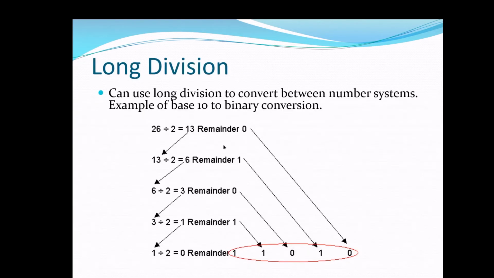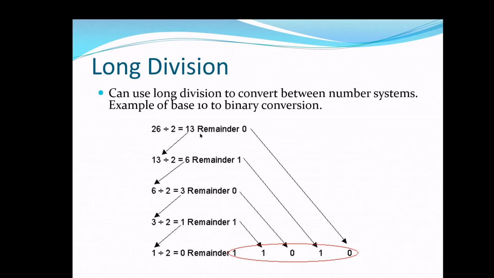Now, one of the things we may want to do is, okay, that shows you how to go from base 2 to base 10, or base 8 to base 10, or base 16 to base 10. So now, if we wanted to go in the other direction, what would we do? Well, we could use long division to do that.